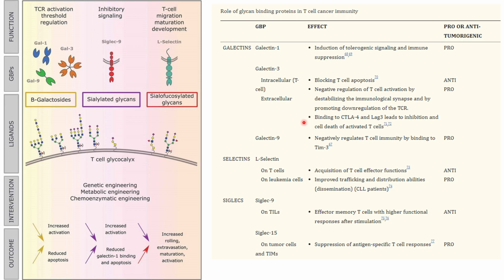The checkpoint inhibitors such as CTLA4 and LAG3 will not be reduced, but will be overexpressed on the T cells when galectin 3 is not interacting with the T cells.